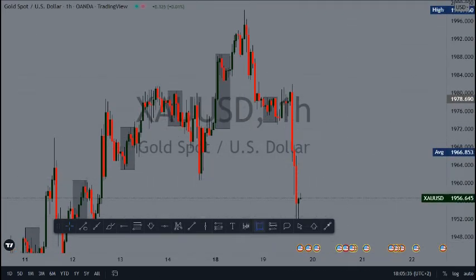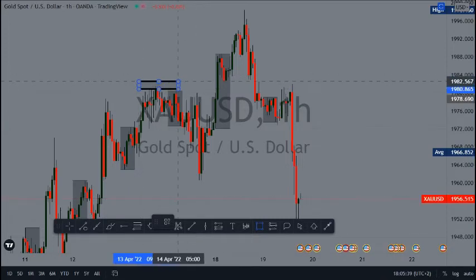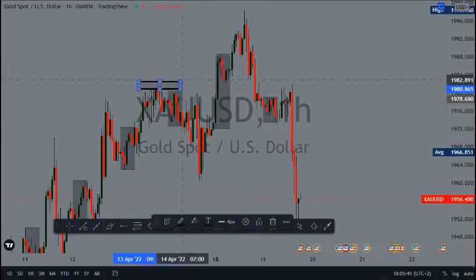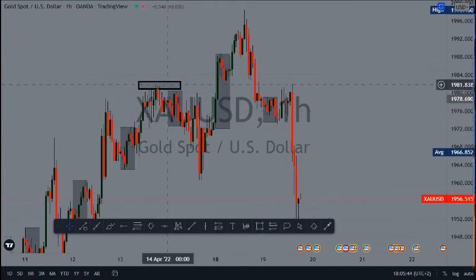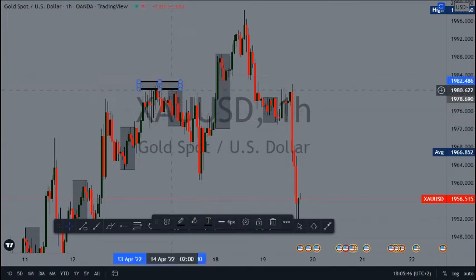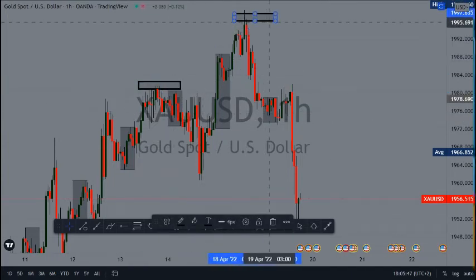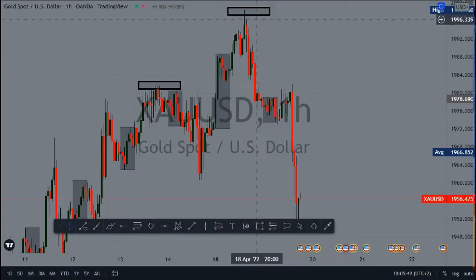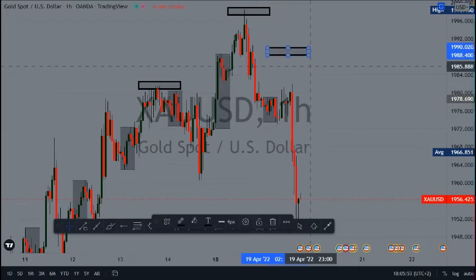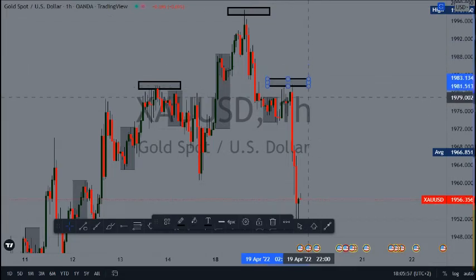Again, it's the same pattern which appeared. So this is our left shoulder, this is our head, and this is our right shoulder.